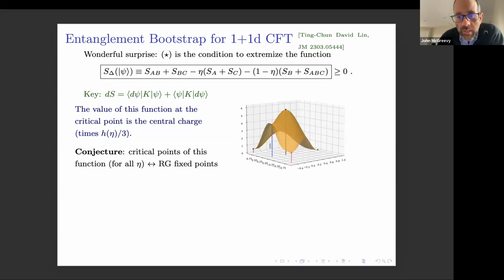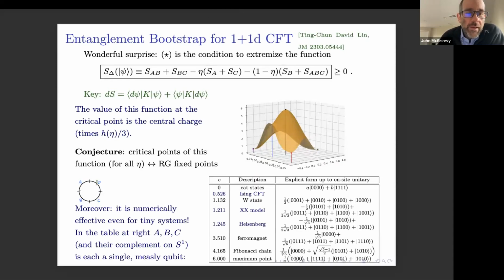Here's actually, okay, let me explain what this picture is. Let's divide up the circle into 4 equal regions. Moreover, rather than thinking about an infinite dimensional Hilbert space for each of these regions, let's suppose that each of them is just a single qubit. So it's a vast truncation of the whole Hilbert space.